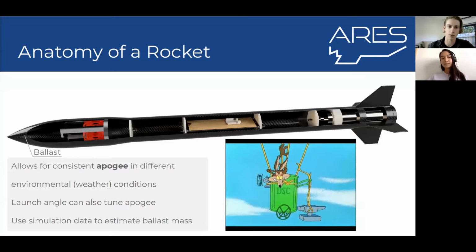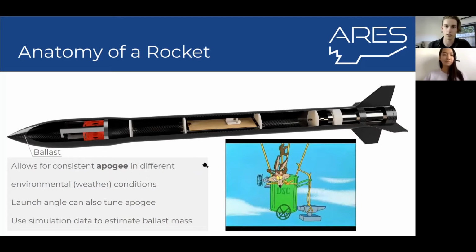So what we do is we have a weather balloon that takes the weather data on the day of the launch, and we pump the weather data into the simulation, which will estimate the ballast that we need, i.e. how much mass do we need to put up here to reach as close as possible to 10,000 feet apogee at the peak of our flight.